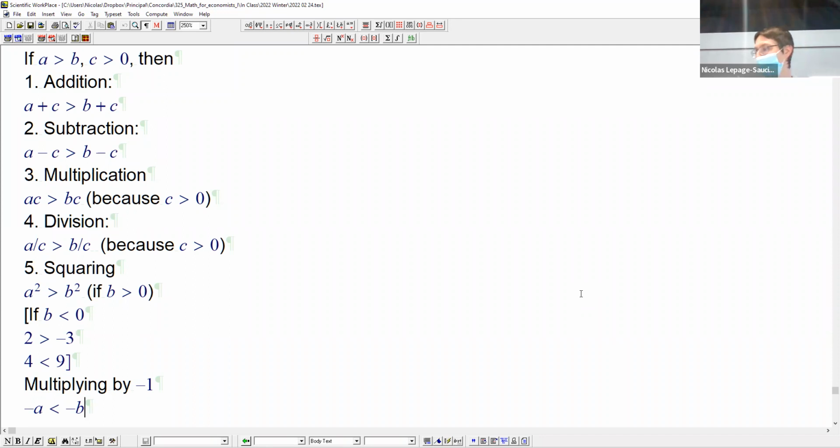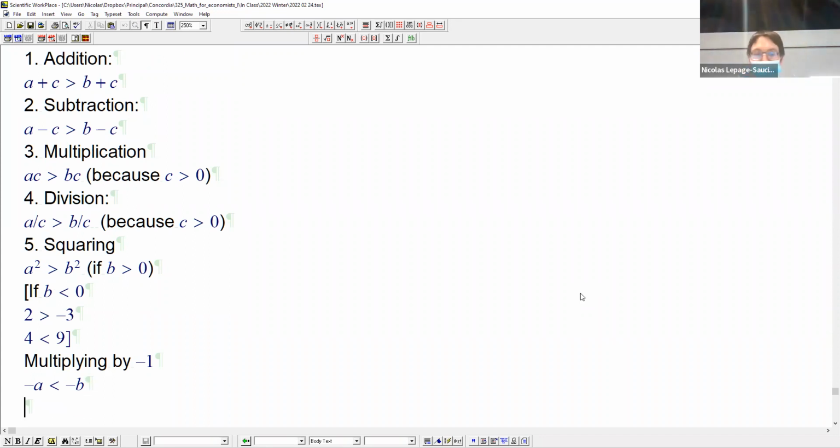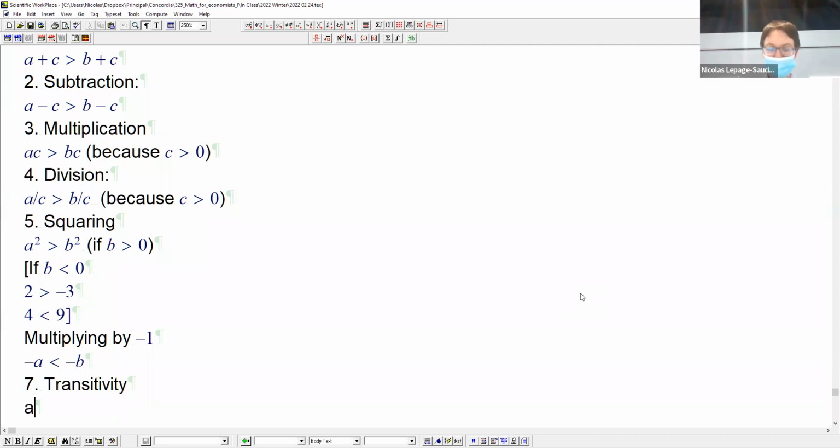So I'm not going to go into detail. Transitivity. I didn't put a number on that, so let's say this is 7. If A is greater than B, and B is greater than D, then A is greater than what? D.